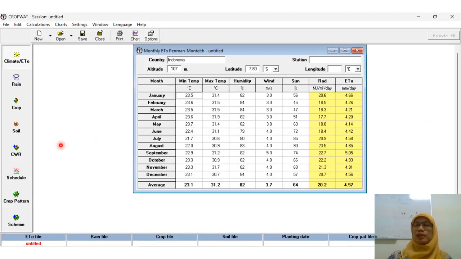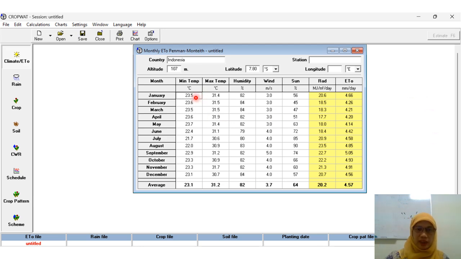The first step of calculation is to determine the ETo, the reference evapotranspiration. This is the screenshot of CropWat.